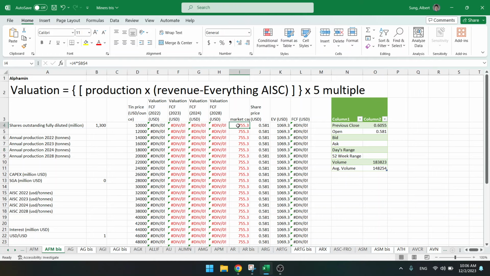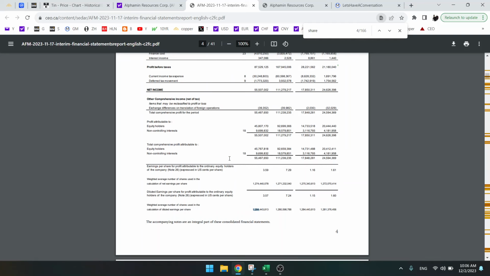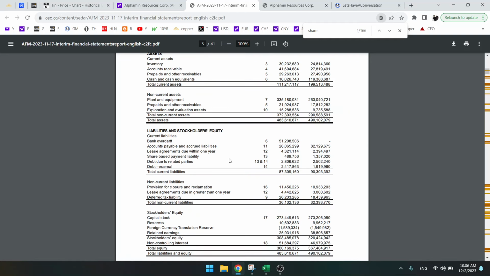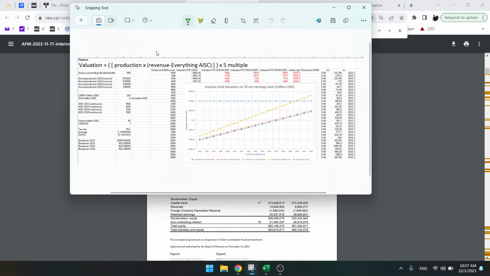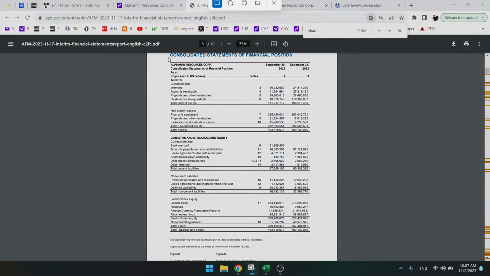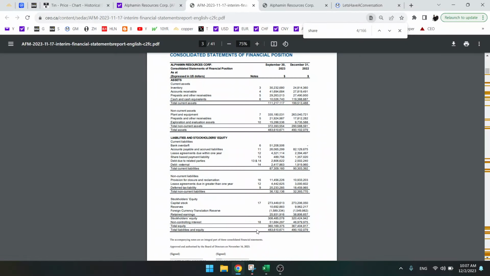Okay, next up, we look at the enterprise value. What is the balance sheet today? Let's copy this. That's in US dollars.